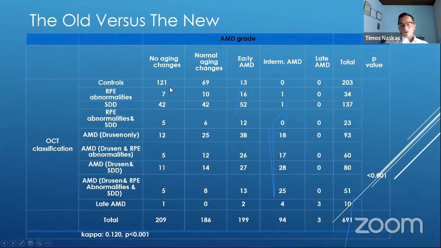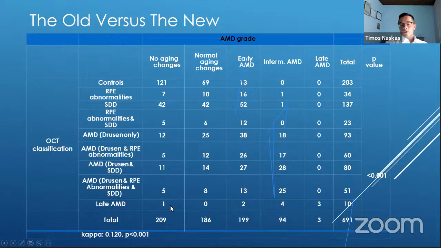So in general, there is agreement on what we consider healthy with both systems, as well as with what we consider late AMD. But then whenever we go into the other parts of the table, we can see that what is considered healthy with fundus photography is not the case with late AMD in OCT.